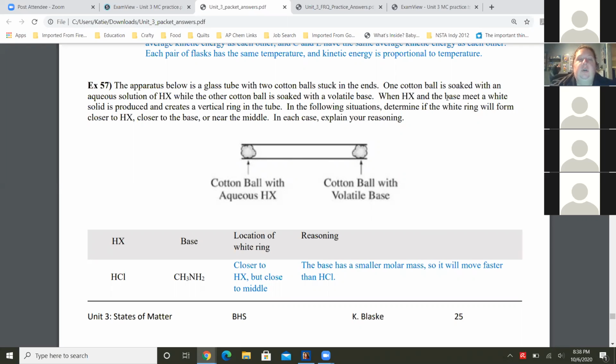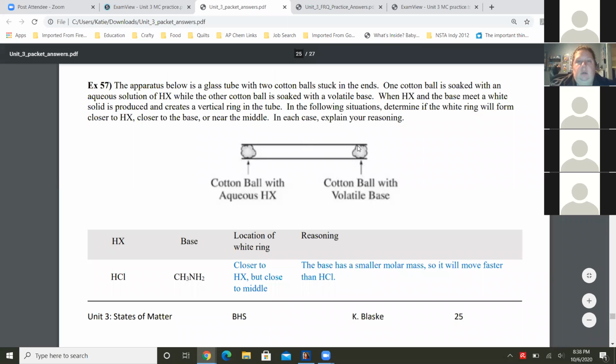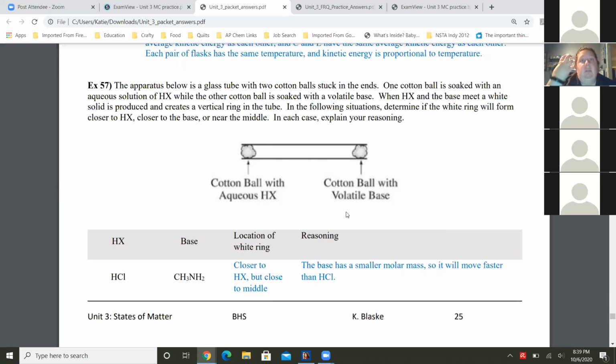If I have these two cotton balls in here, notice that it says volatile. Volatile means something that's really easy to turn into a gas. Volatile things are usually really stinky because we can smell the gas particles. They evaporate really quickly.